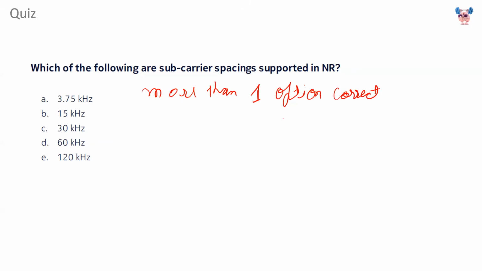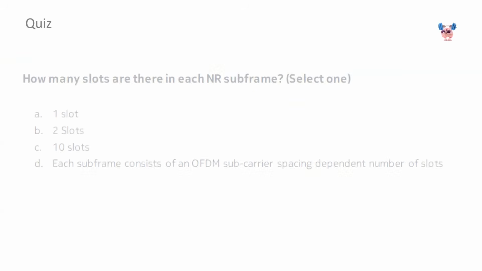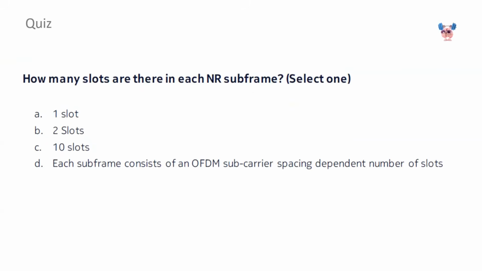Yes, so most of the people have given the right answer. It will be 15 kilohertz, 30 kilohertz, 60 kilohertz, and 120 kilohertz. Okay, thanks, guys, for giving the right answer. It means you are listening very carefully. And the second question is, how many slots are there in each NR subframe?